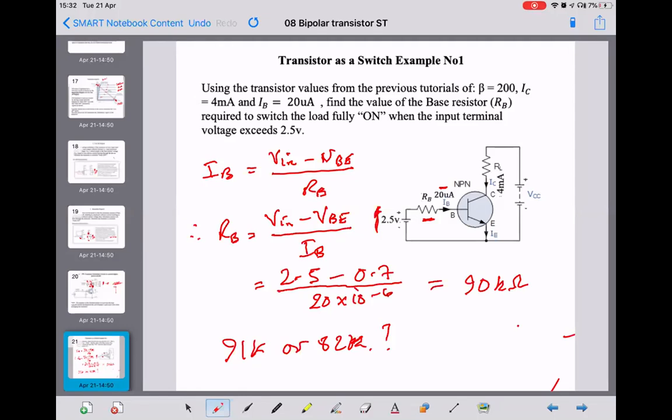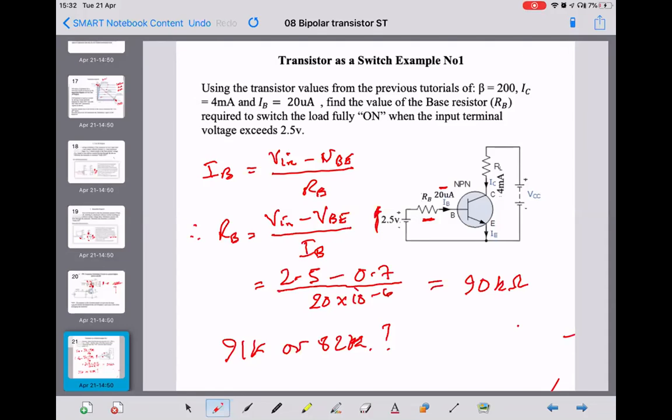The current would drop. Therefore, what would happen to the overall VBE voltage? It would drop as well. Yeah, we must remember that we need at least 20 microamps to flow. Therefore, we would choose the lower value.